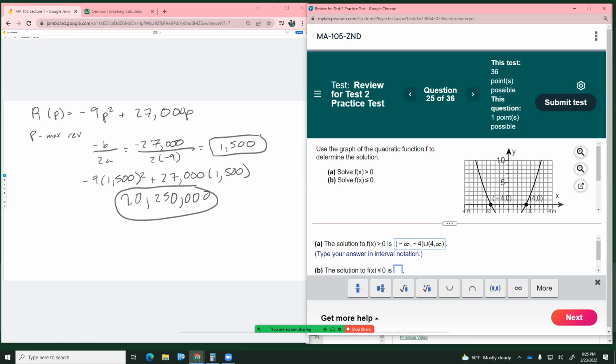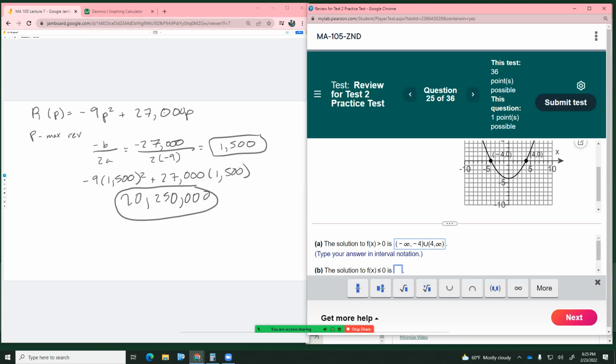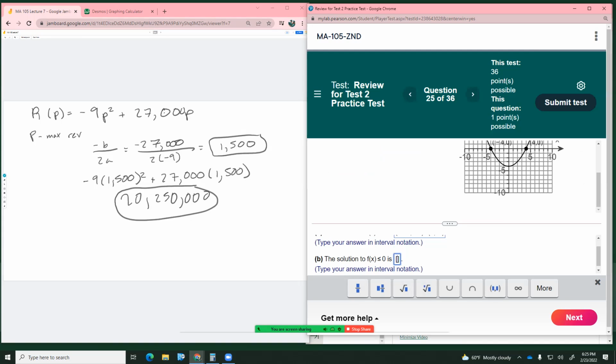So we use brackets for the bottom one, between these two values. We use brackets, -4 to 4. That's where it's below 0, less than 0. Everybody cool with that? So be careful, be careful, be careful. Be more careful than even your teacher.